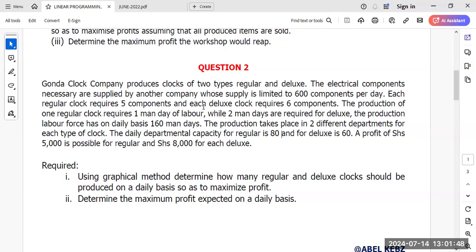Like here, they told us the overall man days. Here they told us the overall components. Here we don't have the overall departmental capacity. What we have is corresponding to each produce. So in a situation where you have such kind of statement, you look at each separately. You formulate inequality for each separately, like the way I was doing here.